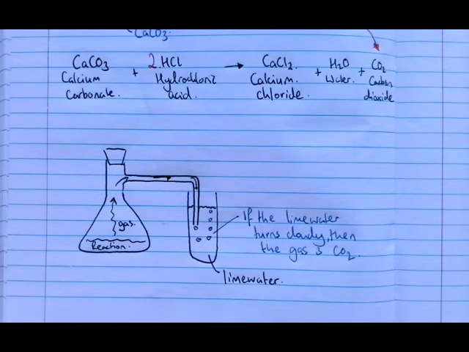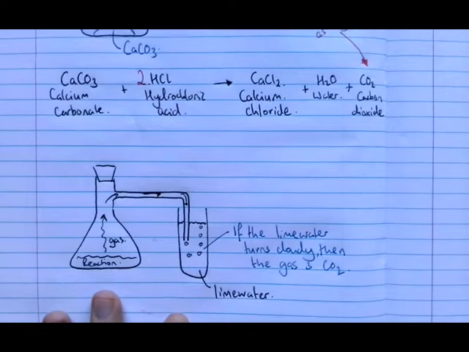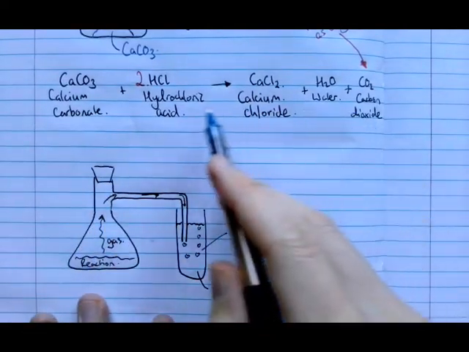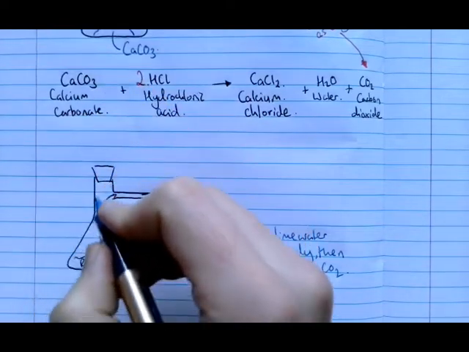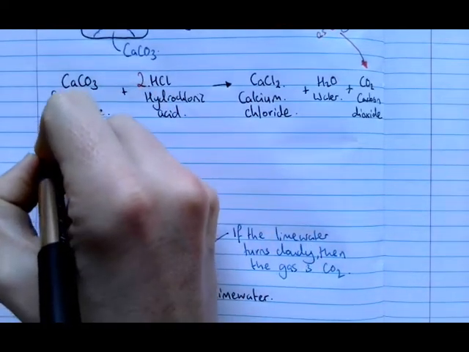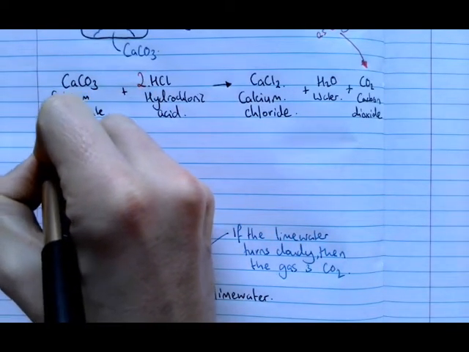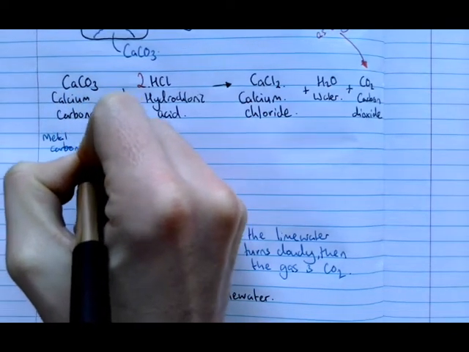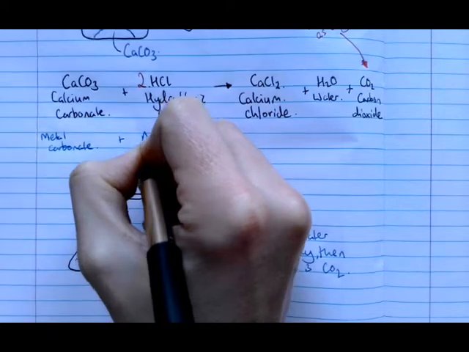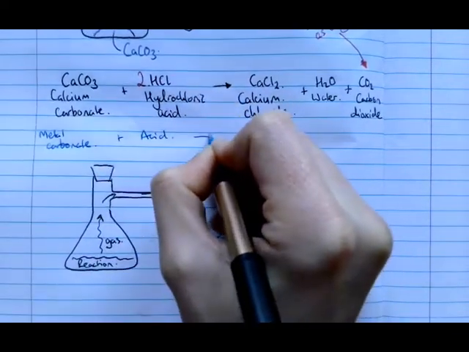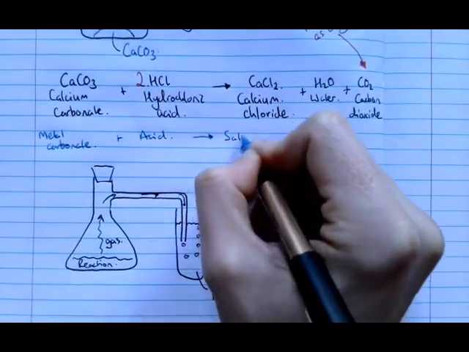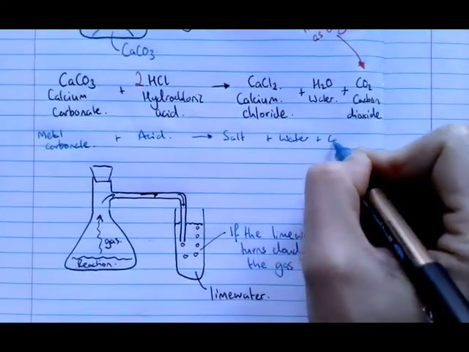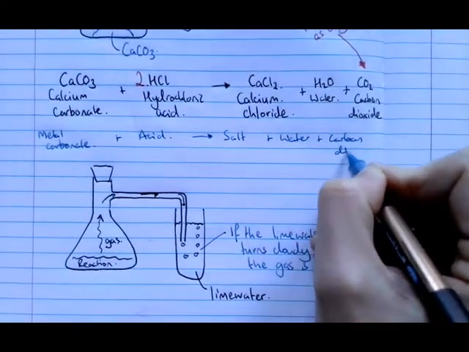The other key thing is that you need to know this general formula up here. We have metal carbonate plus acid gives us a salt plus water plus carbon dioxide.